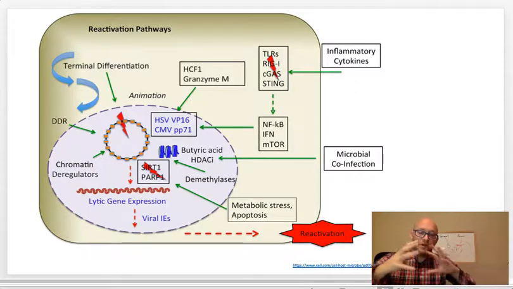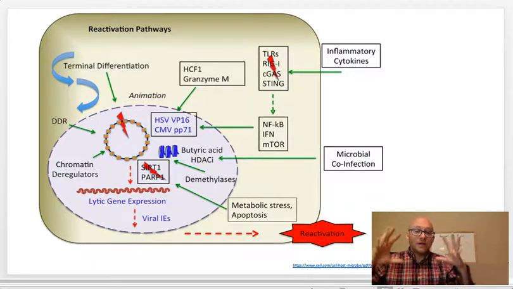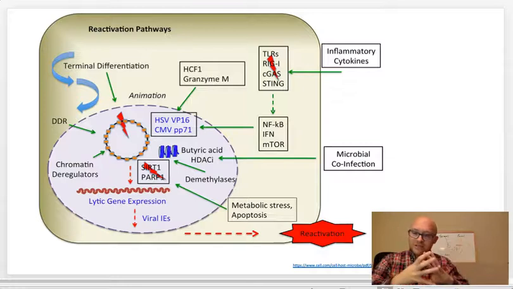Okay, so acetylate, deacetylate. So if I inhibit that process, so histone deacetylase, a histone deacetylase enzyme will cause the chromatin to condense, right?